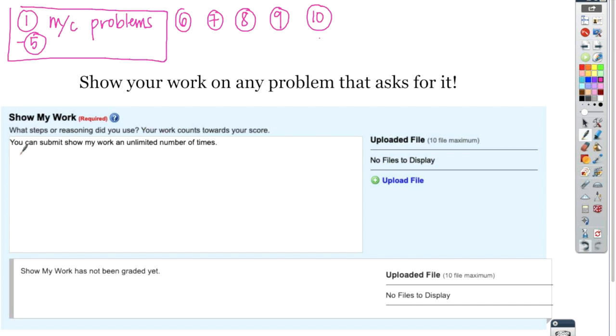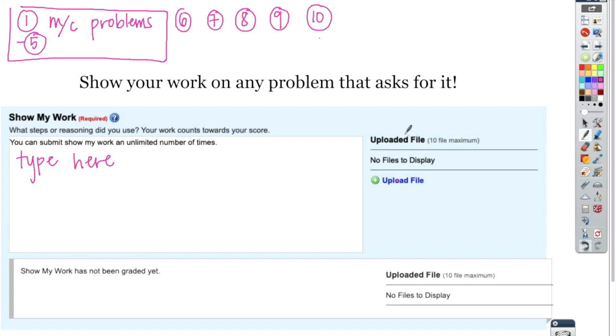Now, you can type your work here if you want. You could upload a file here, and I don't care which one you do. So you're welcome to type what you're doing, just be as detailed as possible. Basically anything that you would show me on the test, you'll just type it out here.